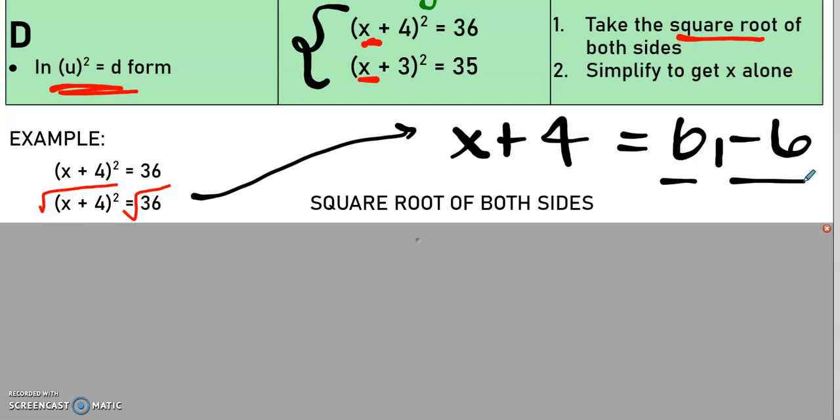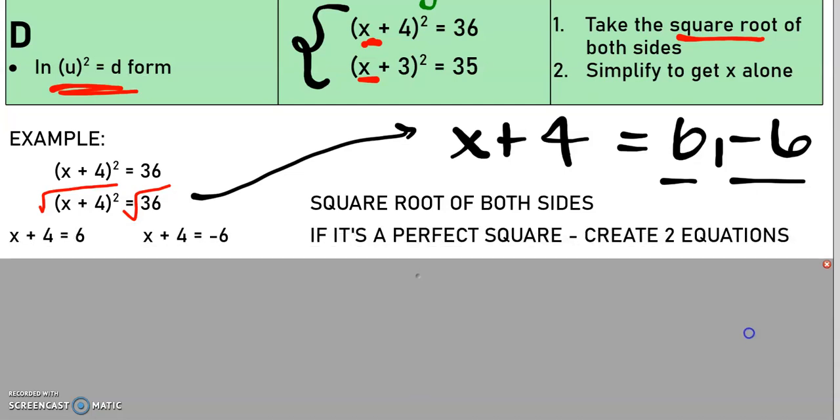So now it looks like that, and that's where I need to come in here and create two equations. If it's a perfect square, just like 36, 36 is a perfect square. Since it was a perfect square, I get another number, 6 and negative 6, and we need to create two equations. We need to say x plus 4 equals 6 and x plus 4 equals negative 6.